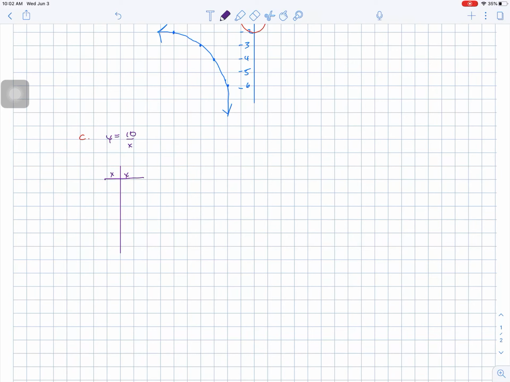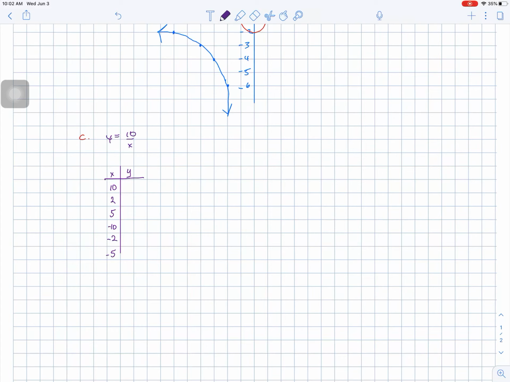It looks like we got two y's there, but we don't. This is supposed to be a y. I'm just looking at easier numbers for x: 10, 2, 5, let's try negative 10, negative 2, and negative 5.